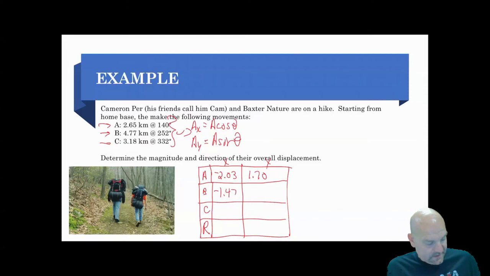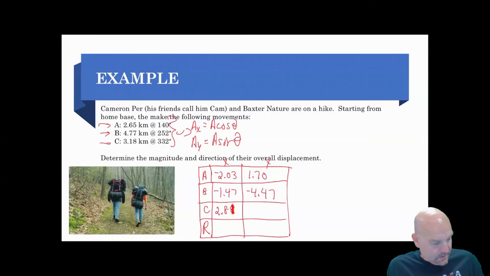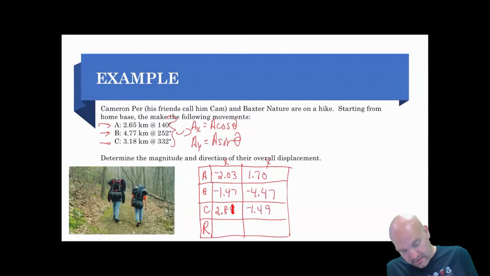And then 4.77 sine 252, negative 4.47. And then 3.18 cosine 332, so 2.81, sorry. And then 3.18 sine 332, so negative 1.49.